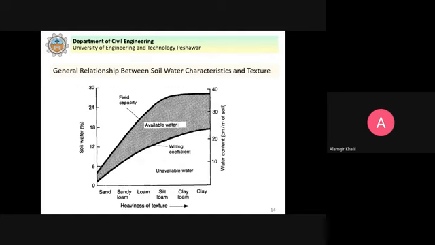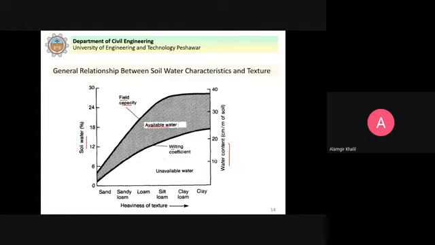Now you can see here that we have the field capacity. This is the line which shows we have the soil water. Now this water is available to the crops, that can be used by the crops for their growth, but this moisture content will drop because the water will be used by the crops.